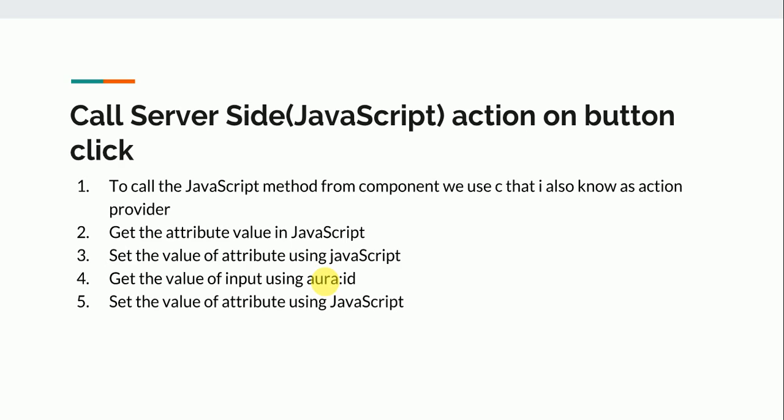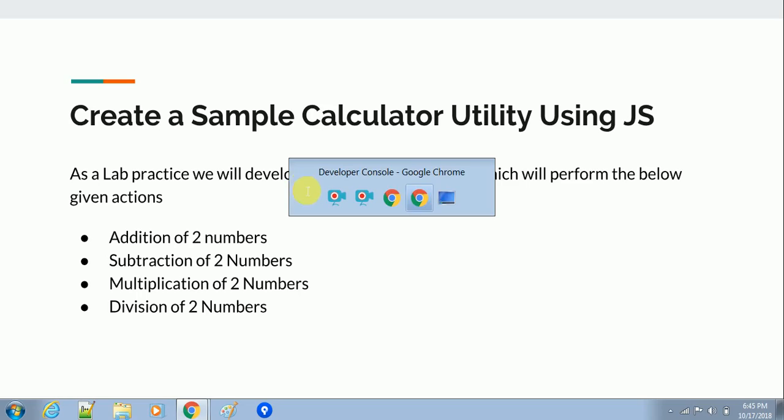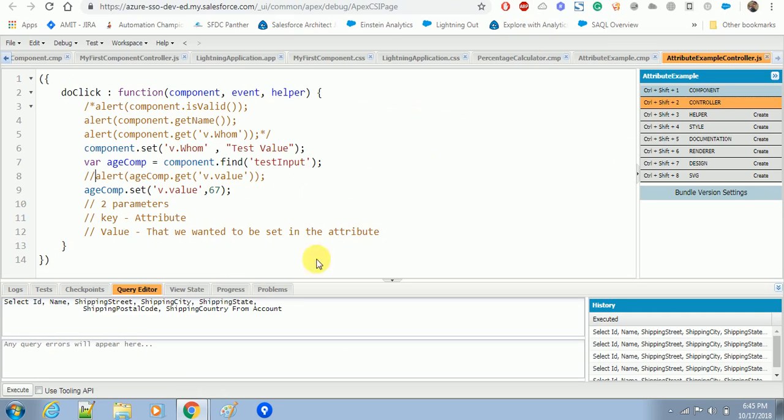Now for the lab exercise, for practice purposes, we will create a simple calculator utility using JavaScript. We will provide two numbers, number 1 and number 2, and then we will provide 4 buttons, one each for addition, subtraction, multiplication and division of the two numbers that the user will enter. Before we go ahead, let's create a sample mock for this.